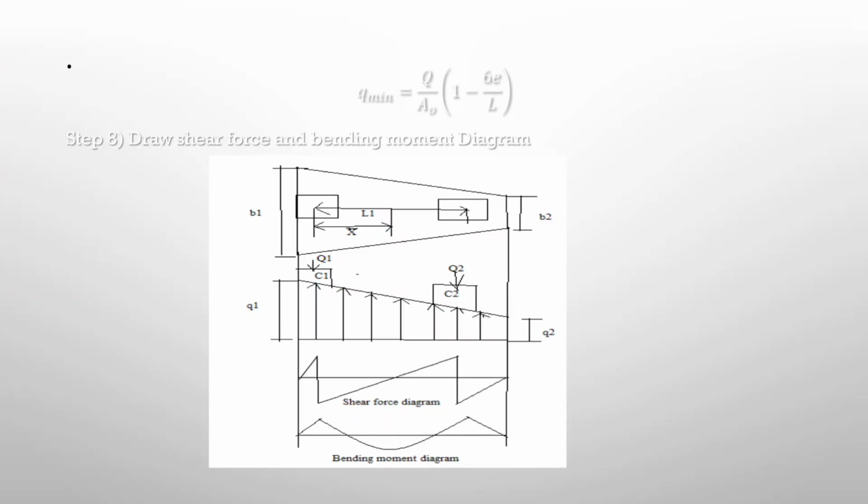This is a picture for trapezoidal footing. Trapezoidal footing is used when the column carries an uneven load. So first one is the shear force diagram and bending moment diagram.